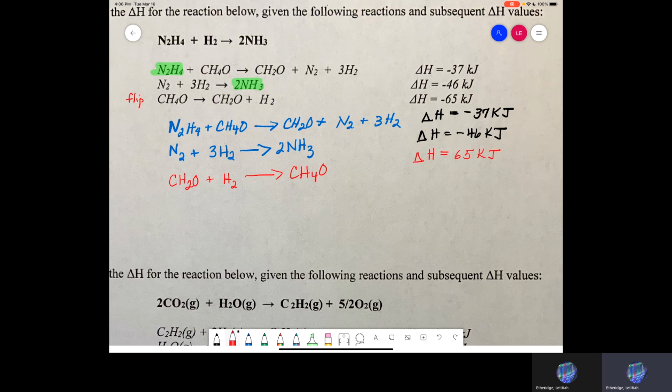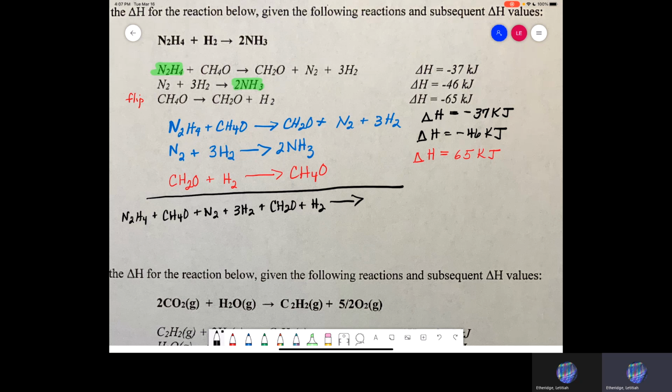All right. So now I told you guys to bring down everything and make sure everything cancels out, right? So let's bring down all of our reactants. We have N2H4 plus CH4O plus N2 plus 3H2 plus CH2O plus H2.